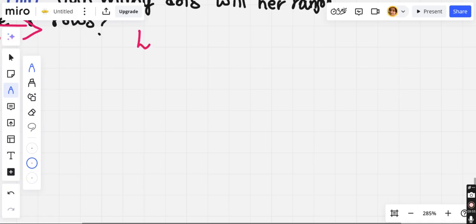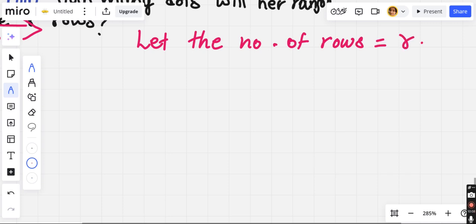First, let the number of rows be r. How many rows? I don't know because it is r. r is a variable because it is not a number, it is hiding a number.